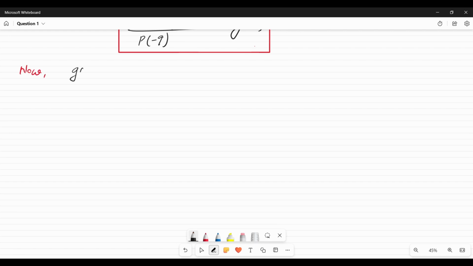Now g(p) minus g(q) is equal to g'(n) into (p minus q).